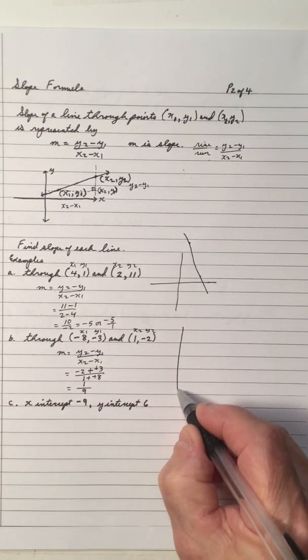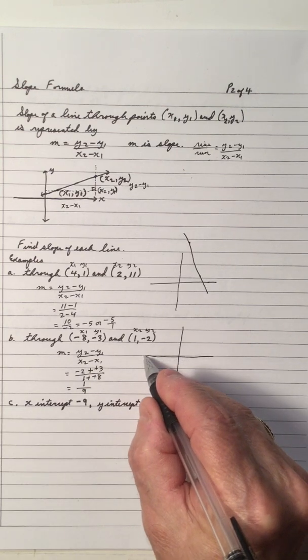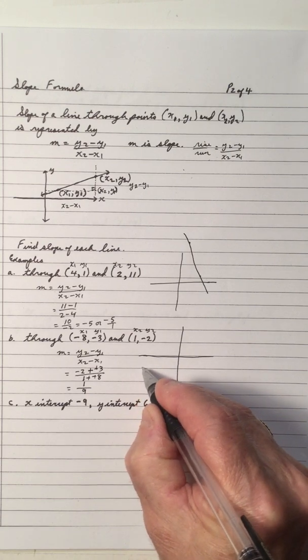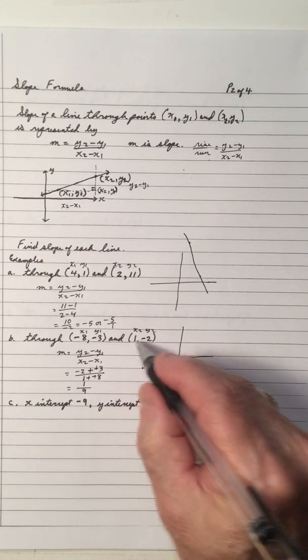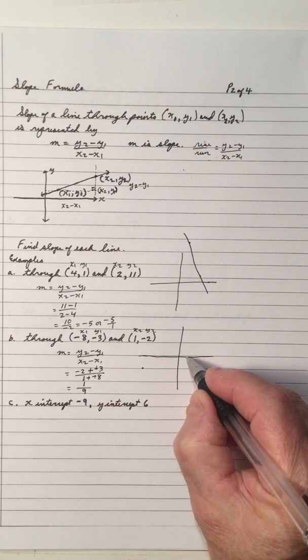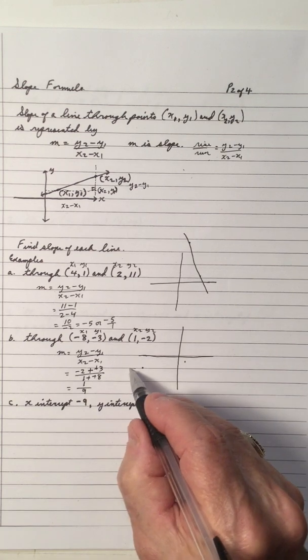And again, just to draw this line very quickly, negative 8, negative 3. Negative 8, this is just estimated, negative 3 is right there. This point 1, negative 2 is, pretend, right here. So that's the line.